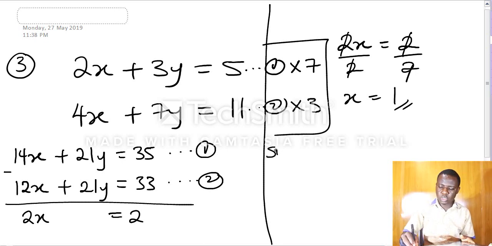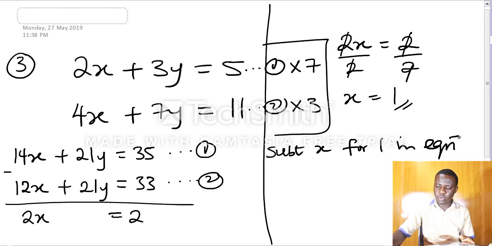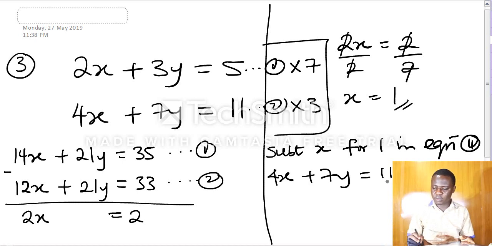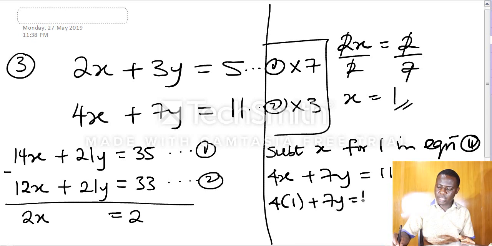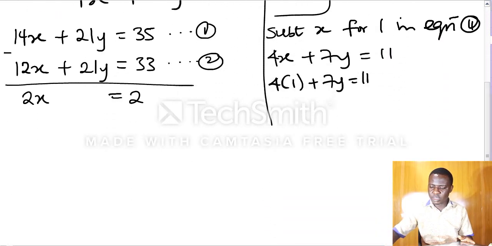I will now substitute x for 1 in equation 2. Equation 2 says 4x plus 7y is equal to 11. So wherever you see x, you substitute 1 for it. So this becomes 4 times 1 plus 7y is equal to 11.